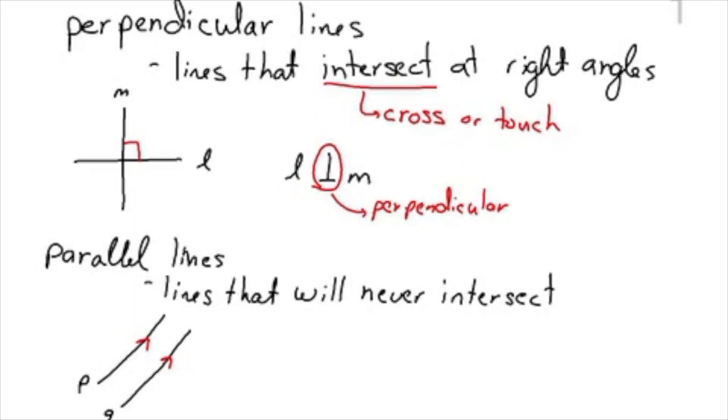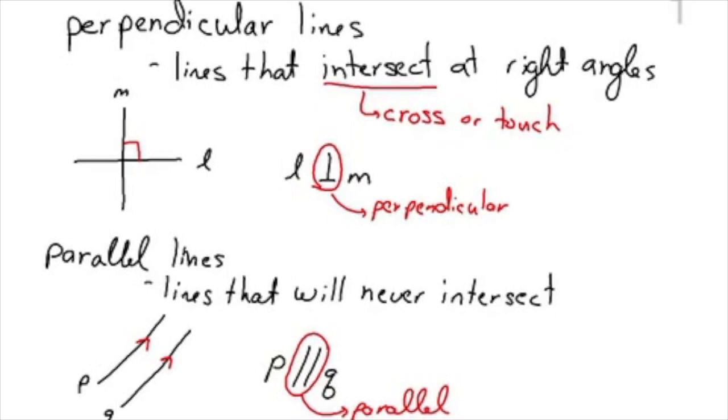As soon as I put those little arrows in there, that means that they are parallel. Now, the shorthand way of writing this is that P is parallel to Q. So what you see is this little symbol right here of the two lines next to each other, that means parallel. That they're parallel to each other.